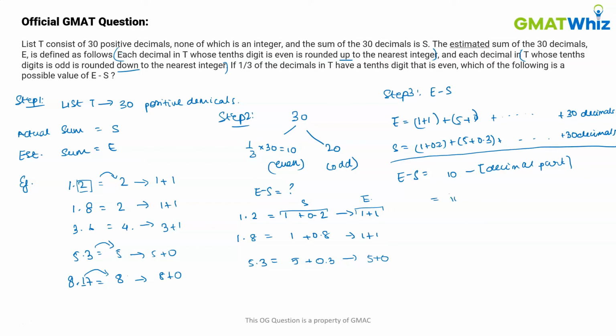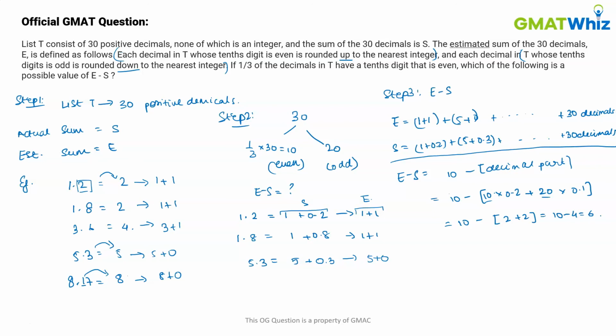This can be equal to 10 minus 10 times 0.2 and the least value of a decimal in odd, which will be 20 times 0.1. Now we are taking 10 numbers whose 10th digit is even and 20 numbers whose 10th digit is odd. This will give us 10 minus 2 plus 2. This is equal to 10 minus 4 or 6. So 6 is a possible answer.